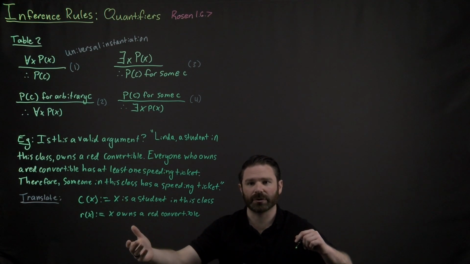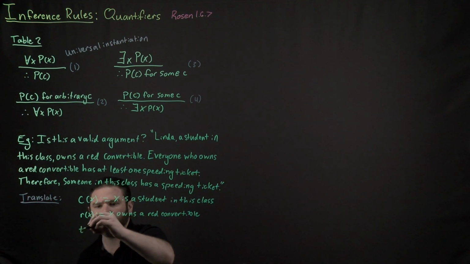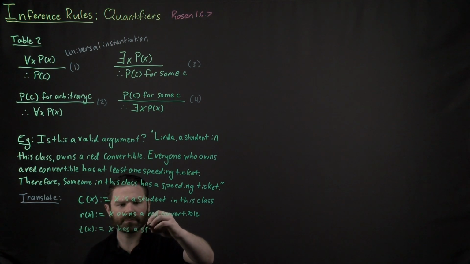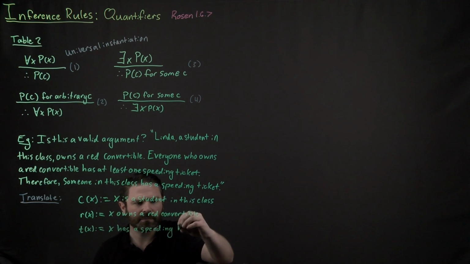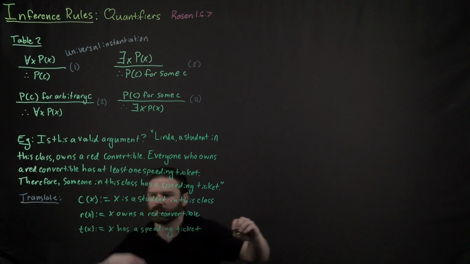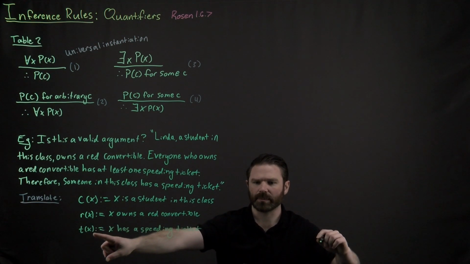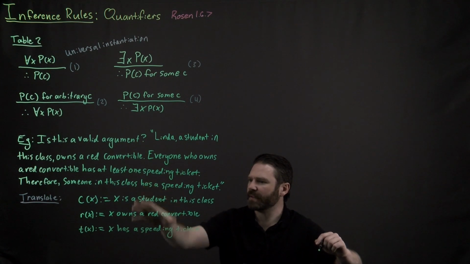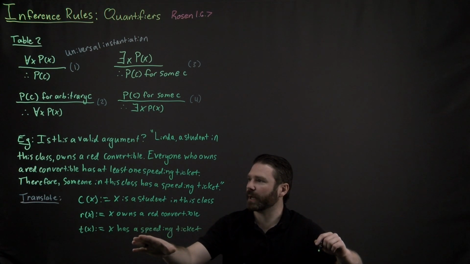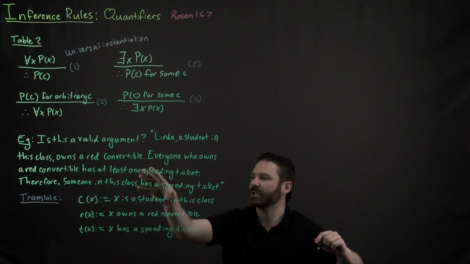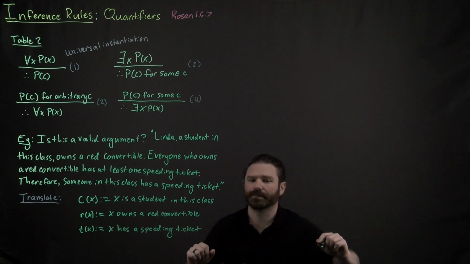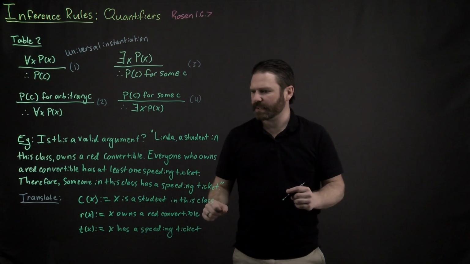So we can introduce T of x, which represents x has a speeding ticket. Now that I've defined my propositional functions, I can translate this English statement into a logical expression. So let's go ahead and do this.